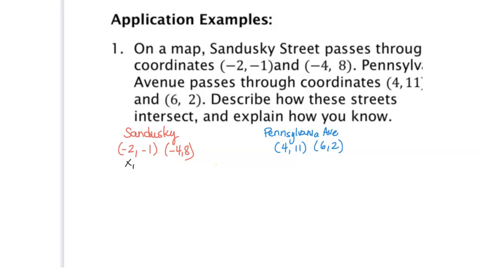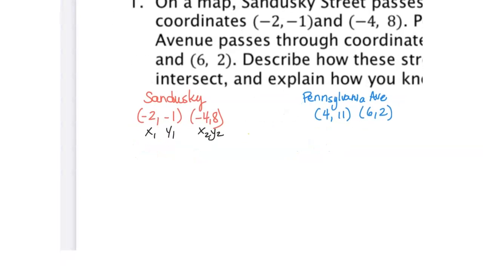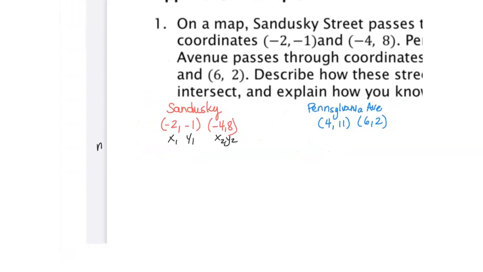So x1, y1, x2, y2. Label your points first. All right, remember that our formula is m equals y2 minus y1 over x2 minus x1. So for the first, we have 8 minus a -1 over -4 minus a -2.